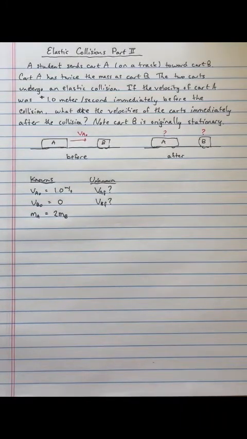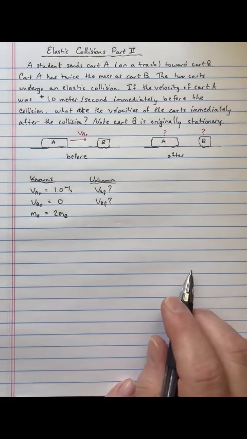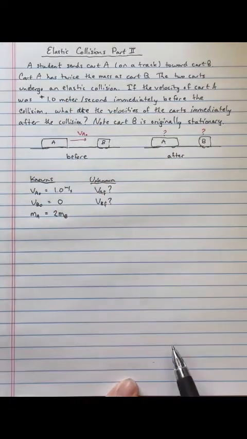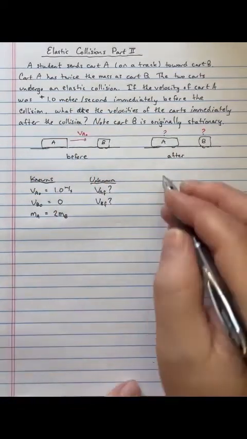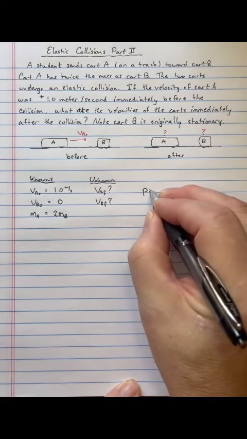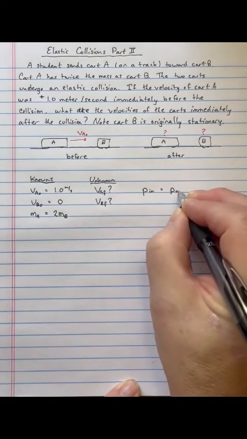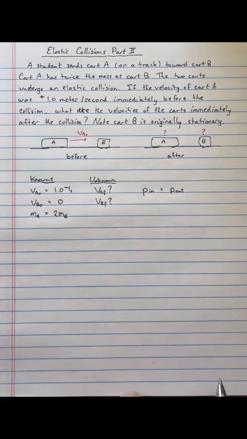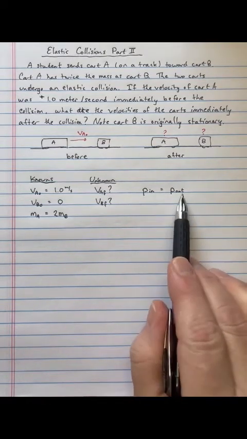So what are the equations or formulas that we need in our pockets in order to do this? This is an elastic collision. During the collision, momentum is conserved. So momentum going into the problem is the same as the total momentum coming out of the problem, for the system of objects.